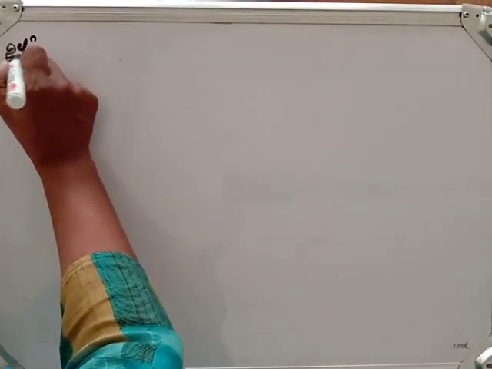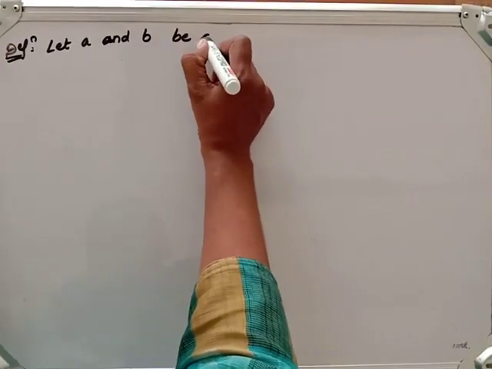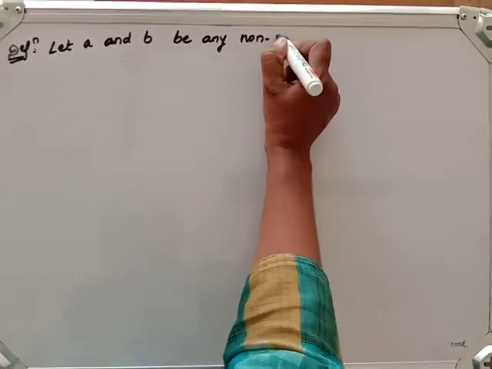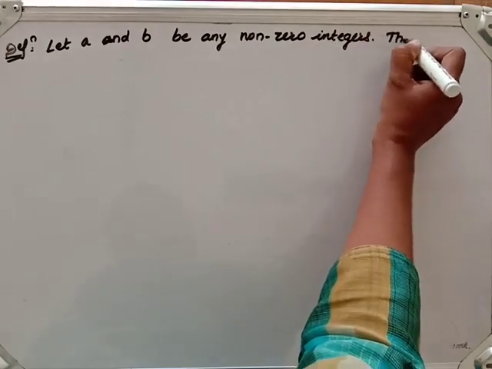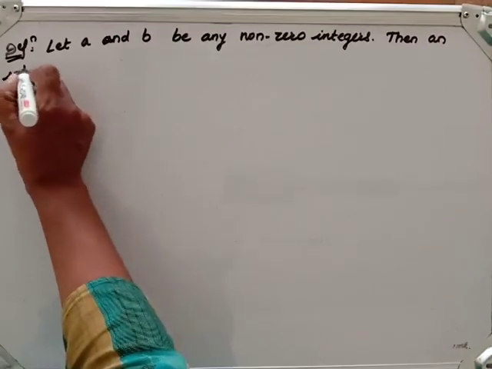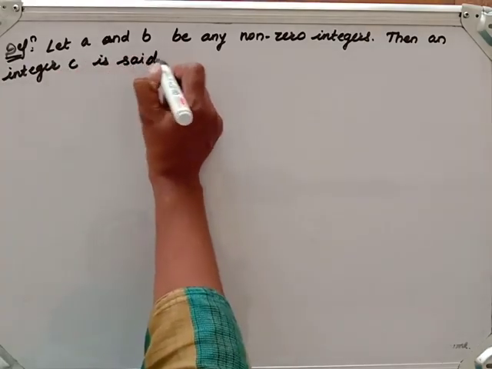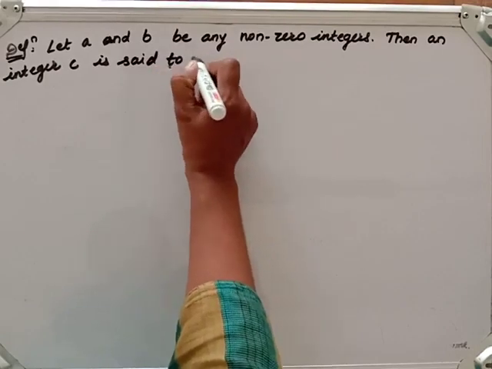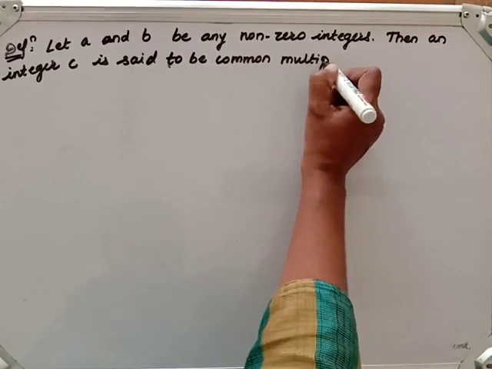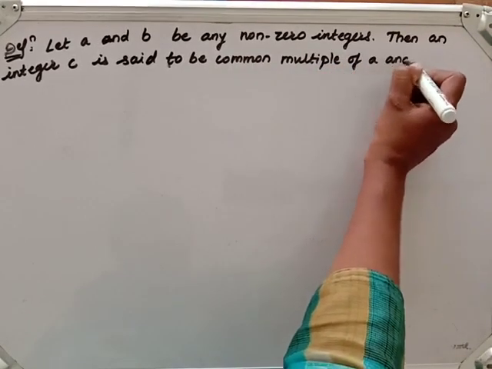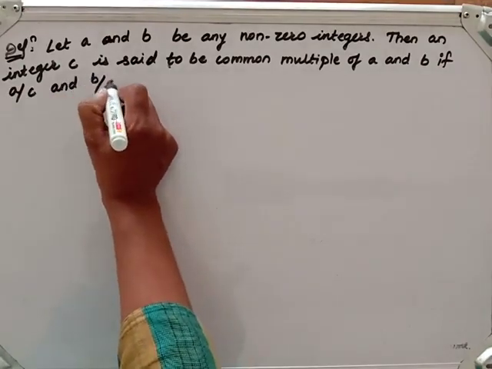So the definition: let A and B be any non-zero integers, then an integer C is said to be a common multiple of A and B if A divides C and B divides C.